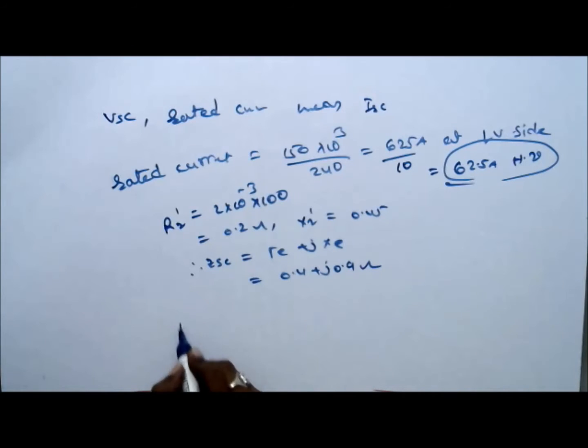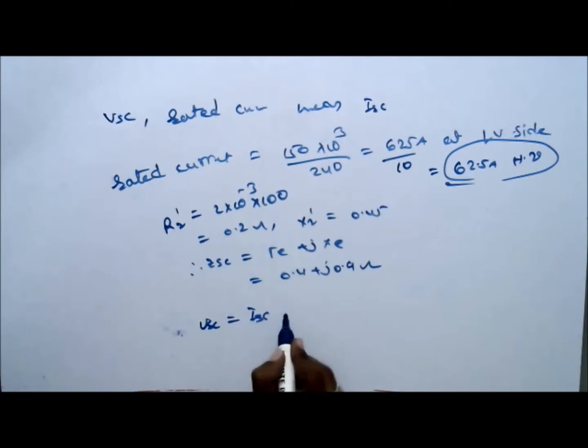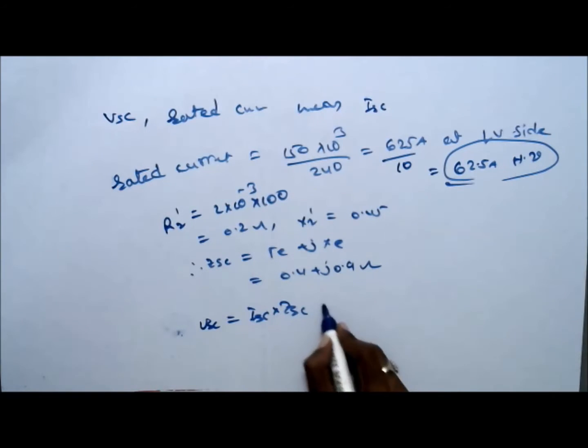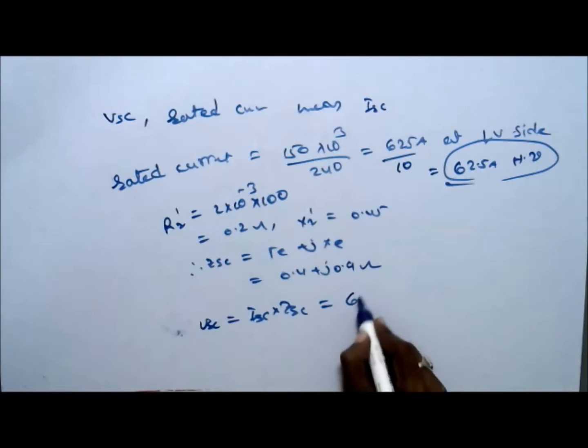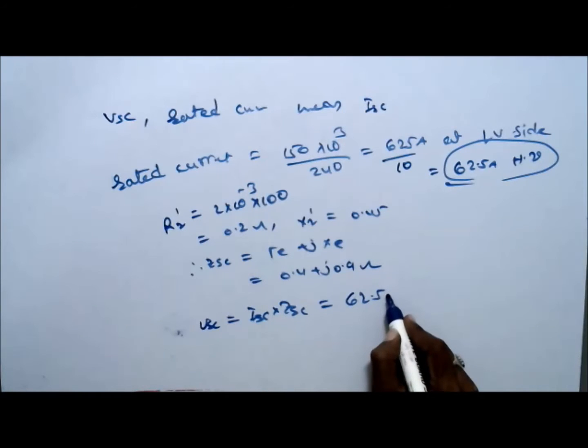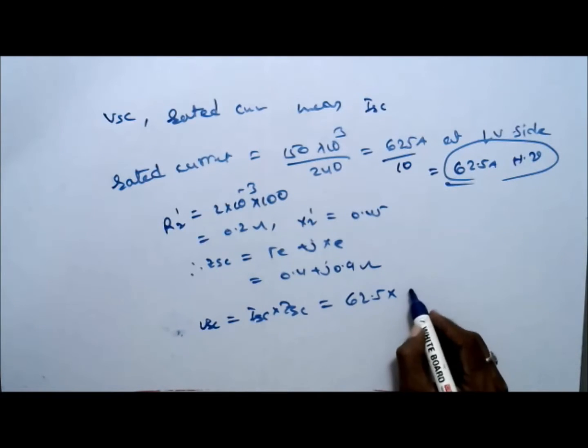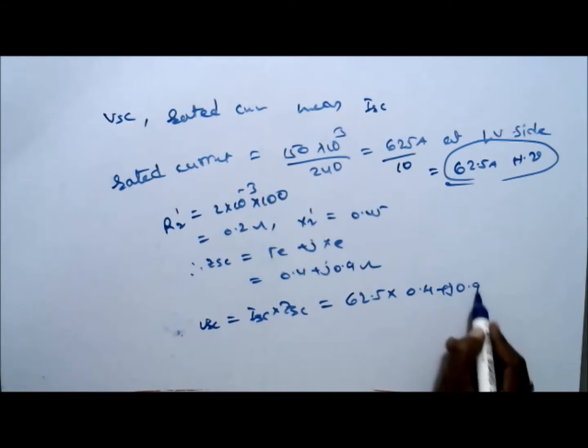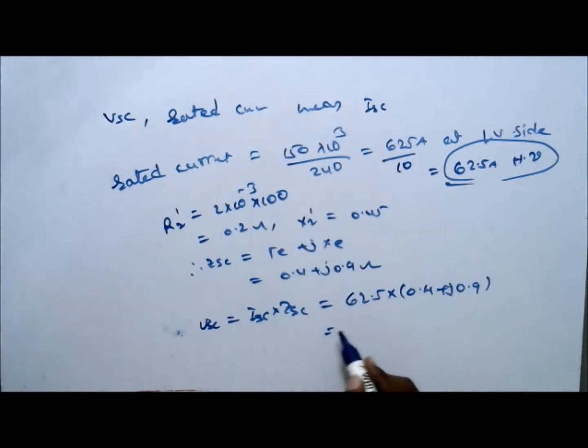So VSC is equal to ISC into ZSC, that is equal to 62.5 into 0.4 plus j 0.9.